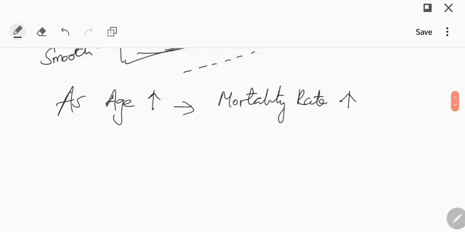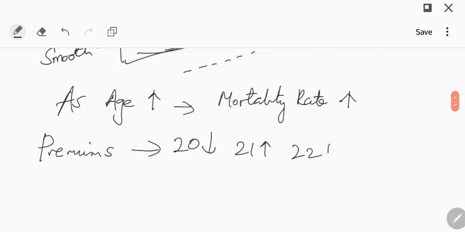And at the same time, if I'm designing the premium for insurance policies based on these mortality rates, I will not be able to justify why the premium for a 20-year-old person should be low, 21 should be higher, 22 should be lower. So why should that happen? That is something that cannot be justified in the real world. So it's better to smoothen the rates, right?